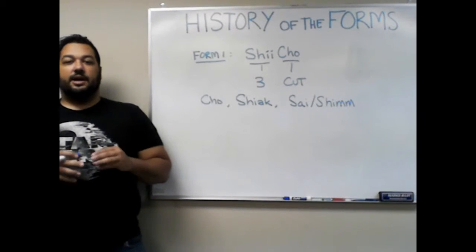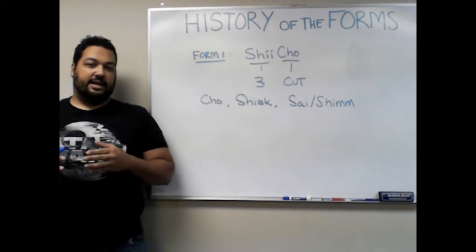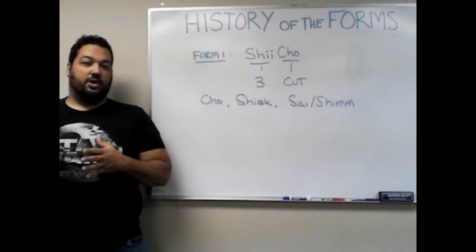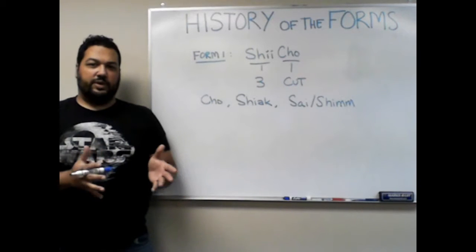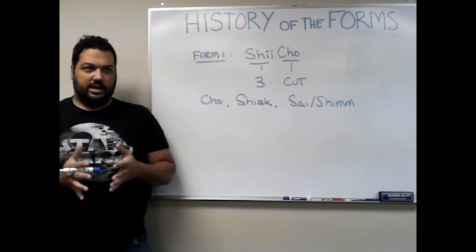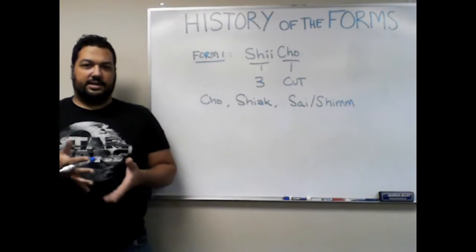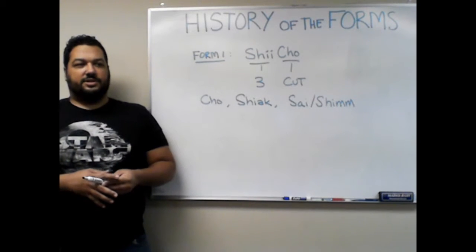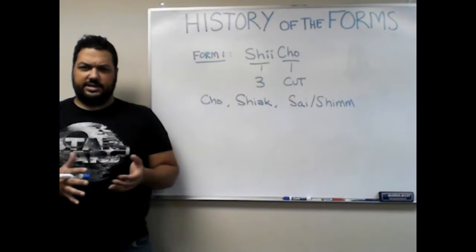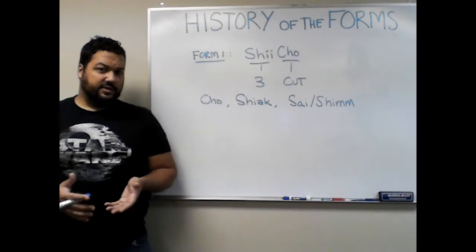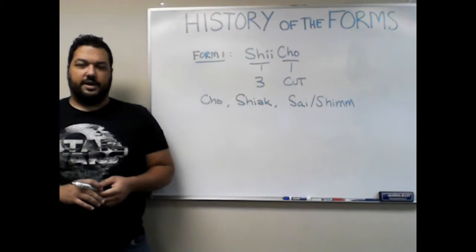Another interesting thing about Shii Cho is that in our system we've taken it almost completely from kendo, kenjutsu, real-world applications in the Japanese katana-type arts. There's a smattering of some other stuff in there, and it's very watered down, very simplified, especially in the introductory levels, but the basics are all there.